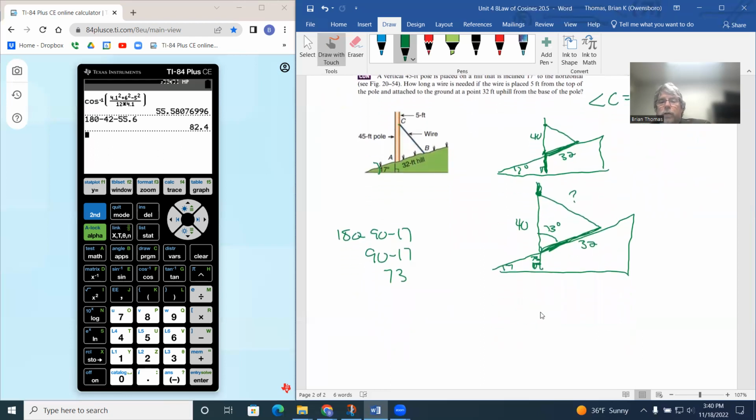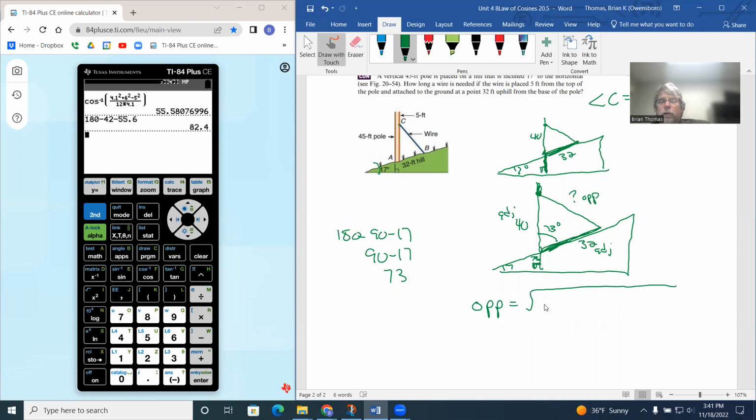So using the law of cosines, because we do know the opposite angle, the opposite side, and the adjacent sides. So this is going to be the opposite, the 32 is going to be the adjacent, and this is going to be the adjacent. And since we're looking for the side, I'm going to go ahead and just take the square root of both sides.